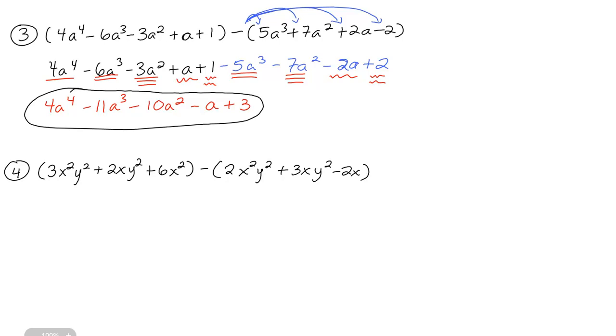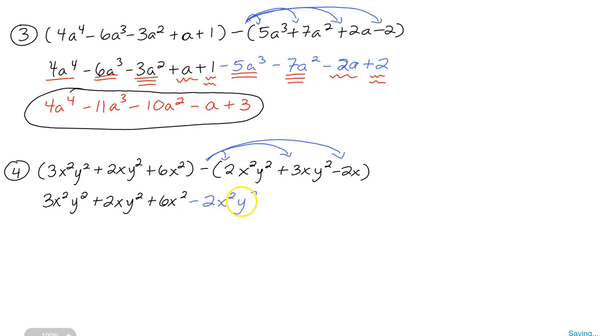Our first step will be to distribute the negative, so copy down your first polynomial. This has two variables, x and y. Our like terms are going to be the items that have the same variable with the exact same exponent too, so we just have to be careful when we're combining like terms. So I'm distributing the negative, so that's a minus 2x squared y squared minus 3xy squared, and a plus 2x.